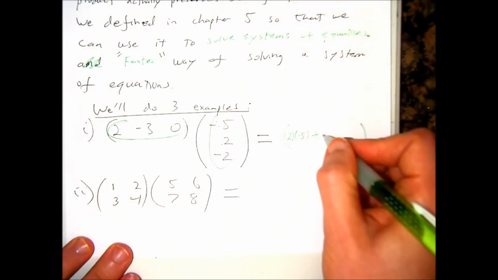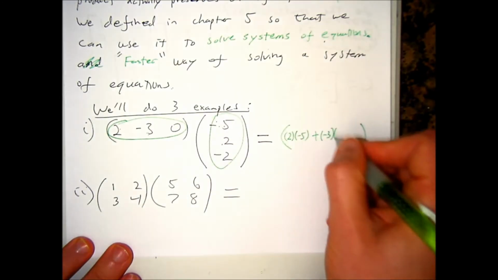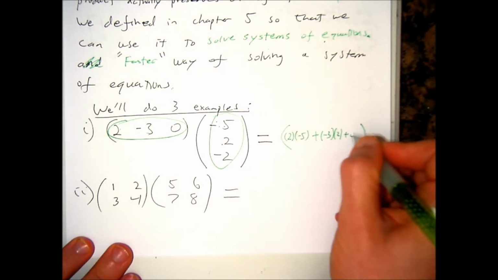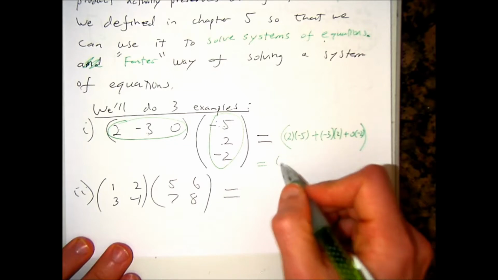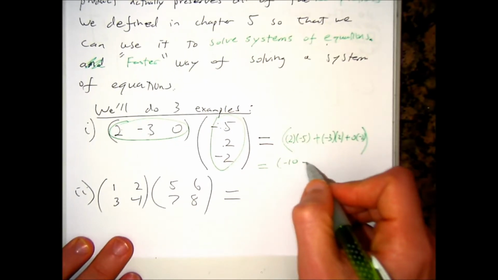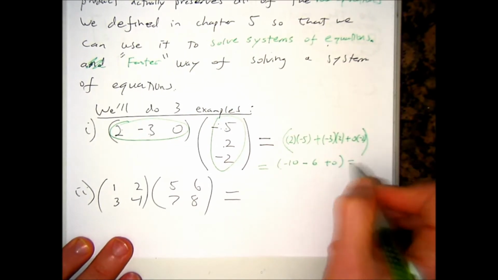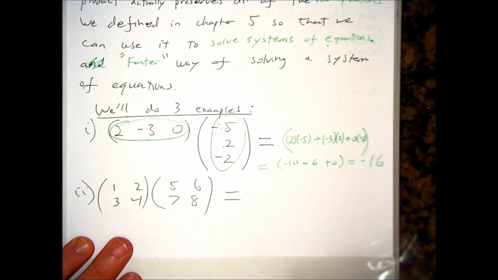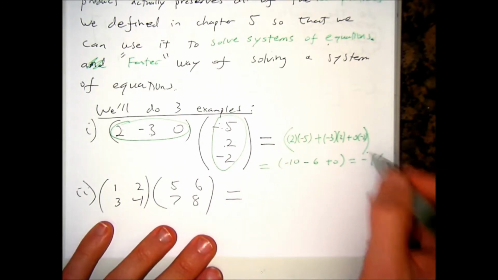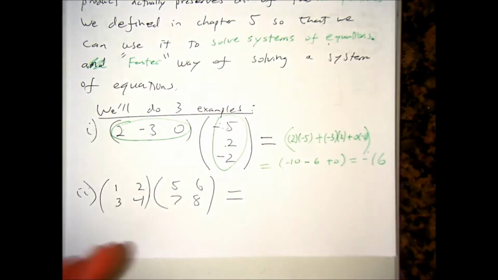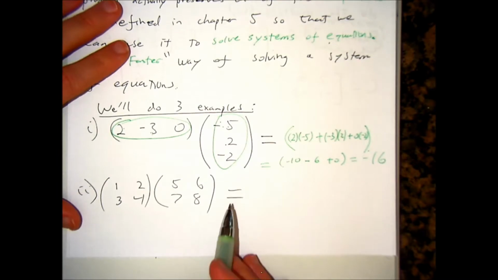This number times this number, -3 times 2, and then 0 times -2. So this is -10 minus 6 plus 0 equals -16. So you end up getting what I guess you would call a 1-by-1 matrix, but it's just a number, -16. That's not always going to be the case, which we'll see here.